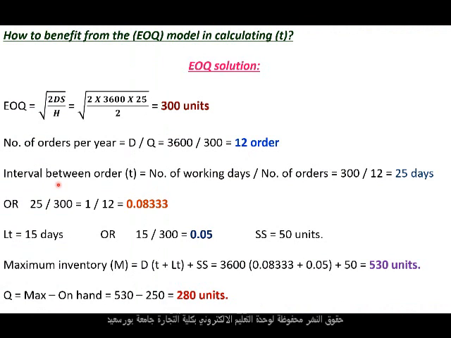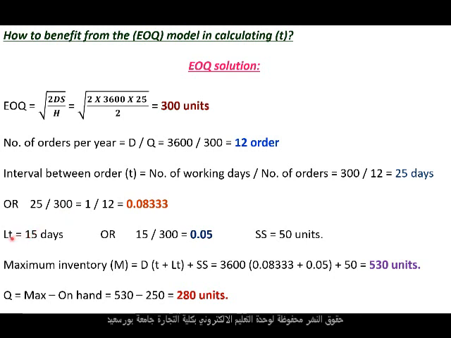Interval between orders T is the number of working days over the number of orders, so it will be 25 days, or 25 over 300, which is 1 over 12, equal to 0.083.